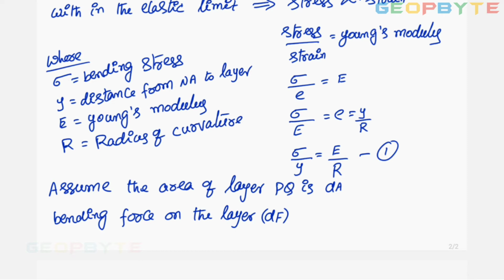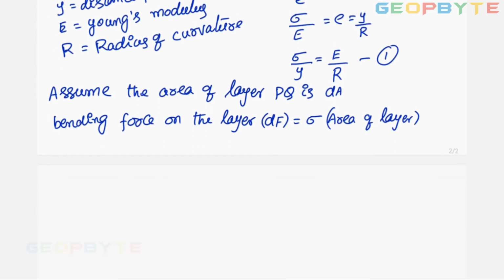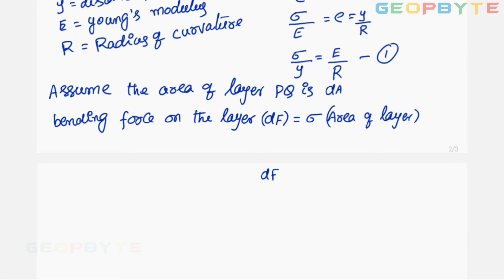That's why I write dF equal to stress multiplied by area of the layer. So the force on the layer equals stress multiplied by the area of the layer, dA.